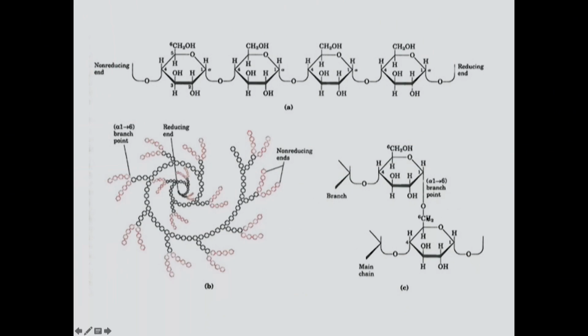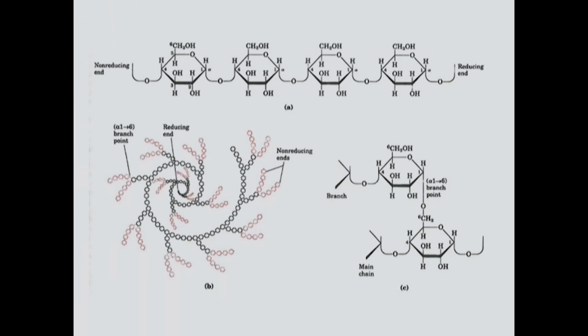Glycogen had these alpha-1,6 branch points that made this branched polymer where there's lots of non-reducing ends and a single reducing end, and each of these non-reducing ends is a polymer of glucose molecules with this alpha-1,4 linkage that at the branch point has this alpha-1,6 linkage to make this long chain branched polymer.